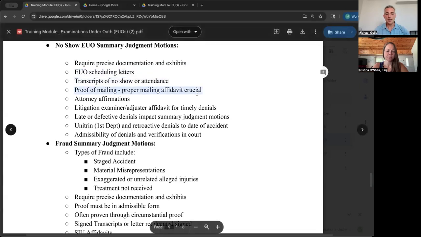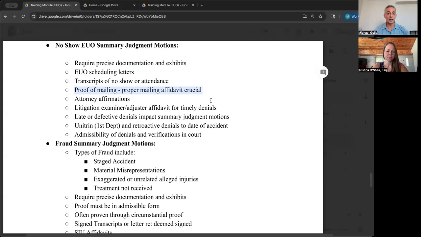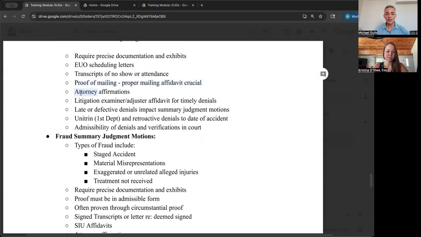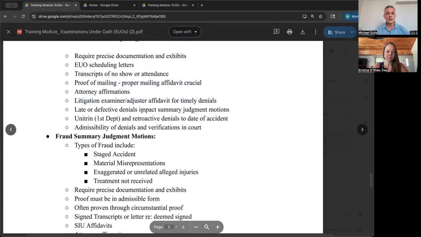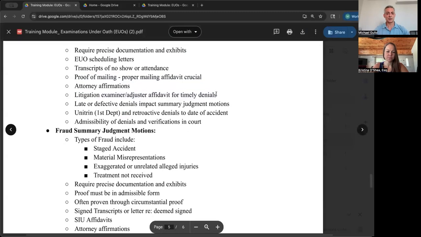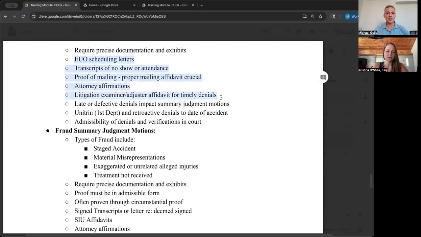We have proof of mailing of the scheduling letters, proof of mailing of the denials, the attorney affirmations, the litigation examiner or adjuster affidavit for the timeliness of the denials as a separate document. Christina, other than those documents, as far as our summary judgment motions go, these are the documents that are in every no-show summary judgment motion.